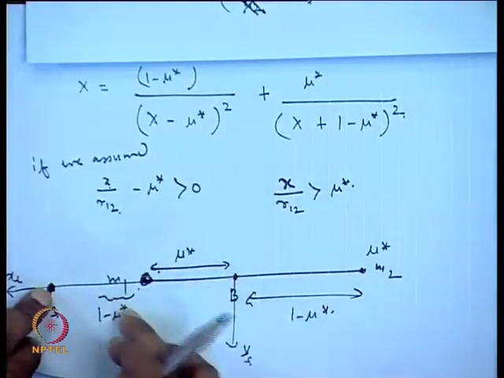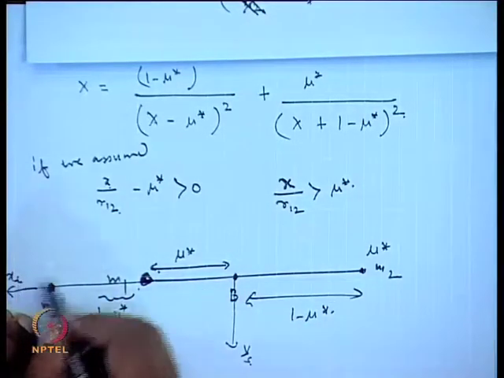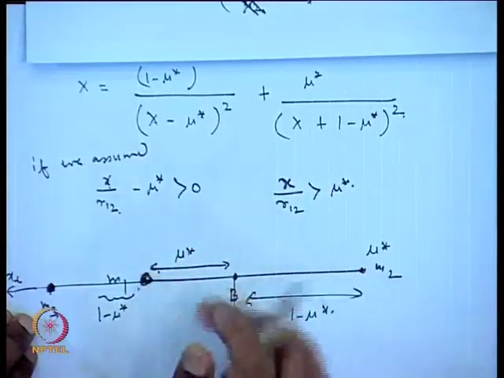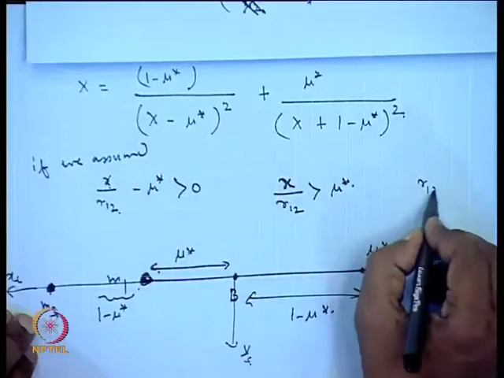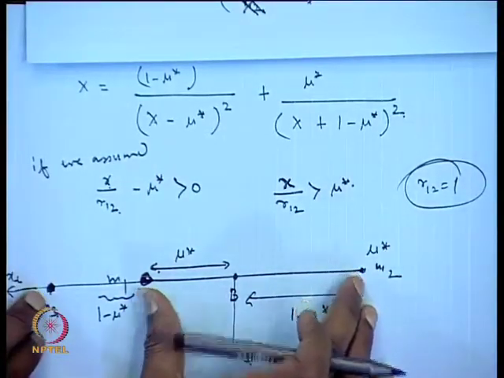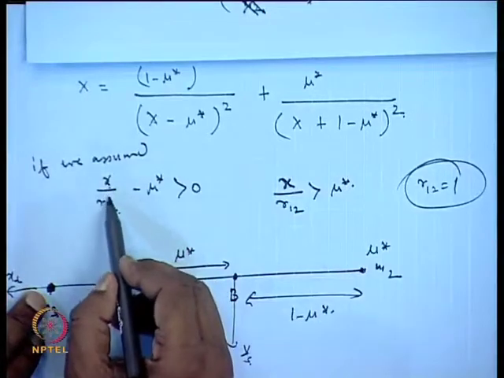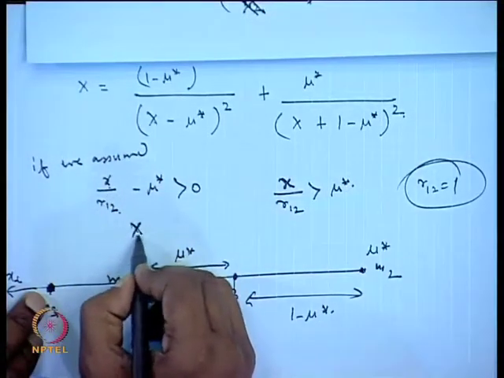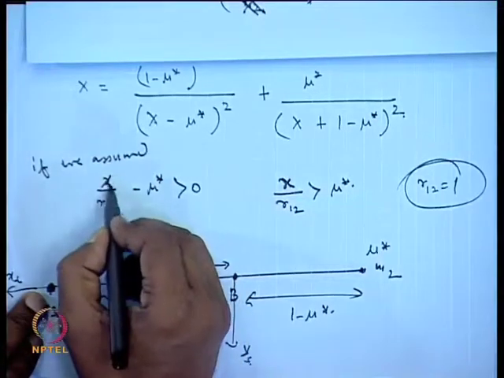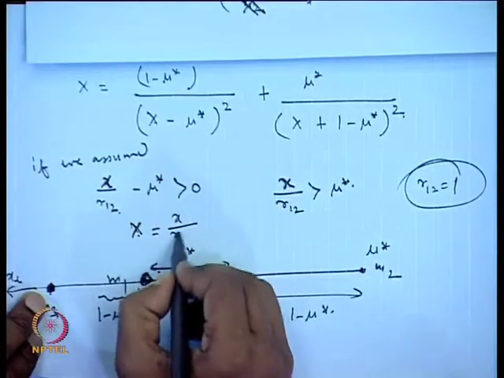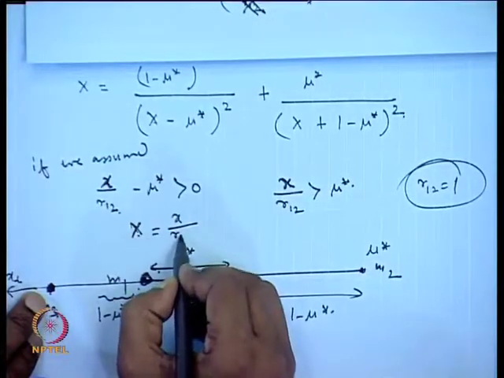So, therefore, x by r 1 2, which is the distance r 1 2. On the normalized scale, r 1 2 becomes nothing but equal to 1. After this normalization, this is the distance that we have written: capital X is equal to x by r 1 2.